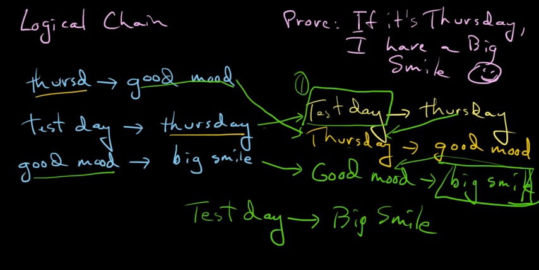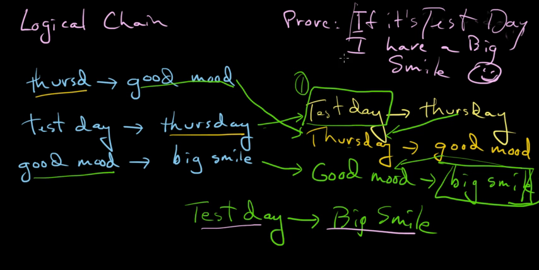Oh dear, I've made a mistake. I should have put if it's test day. I'm so sorry. It's late at night. I'm trying to get this done, so please bear with me. Once in a while I make a mistake. If it's test day, then I have a big smile. So test day, big smile. There we go.